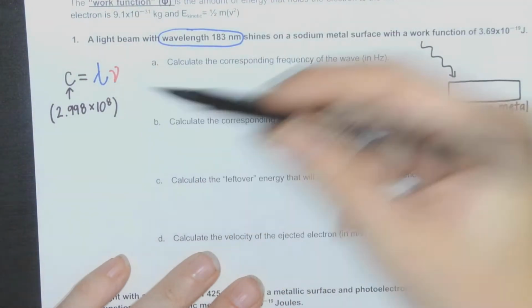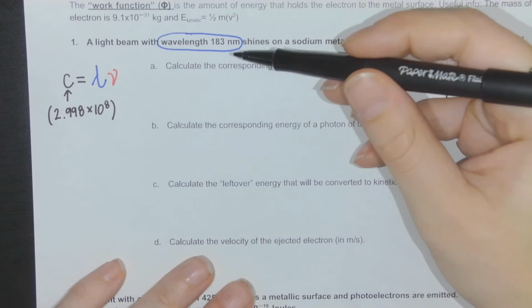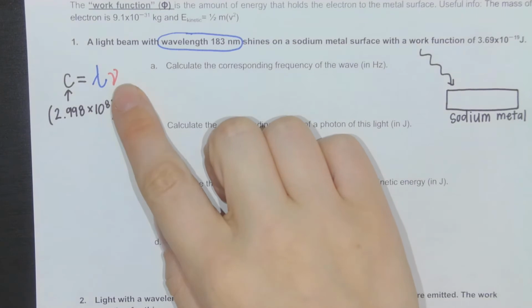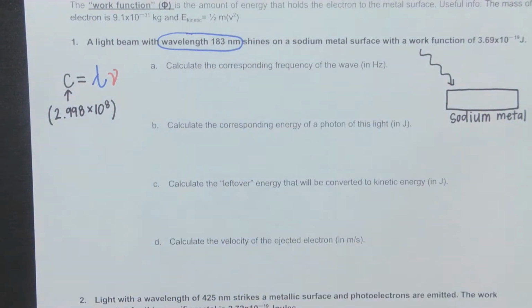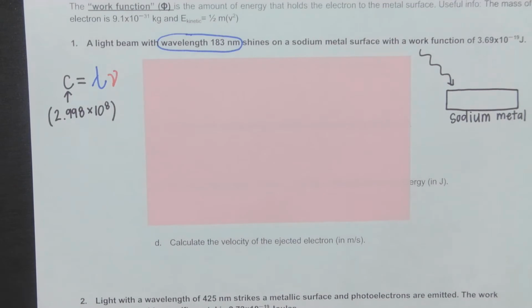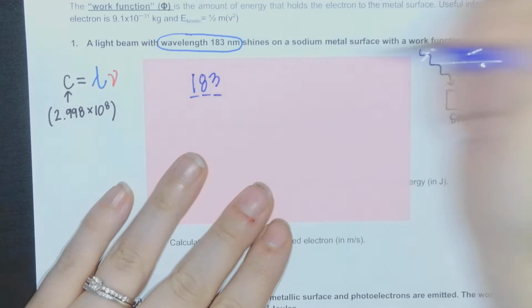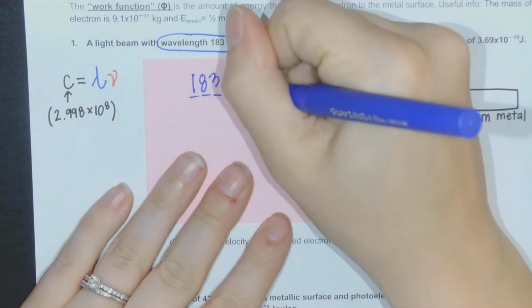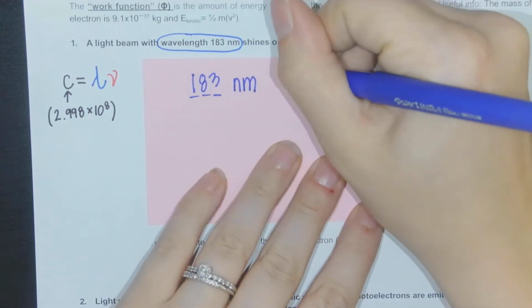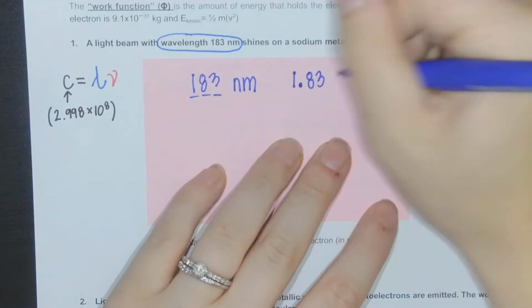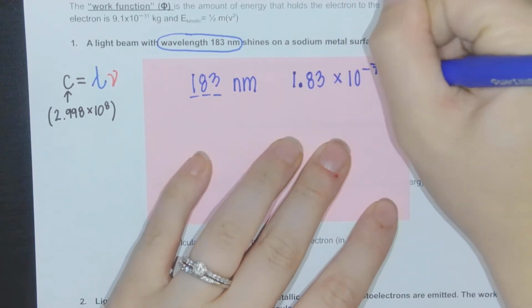The wavelength is 183, but I've got to make sure that I convert that wavelength because the formulas and equations can't do nanometers, they can only handle meters. So, if you remember my little trick, a 3-digit number in nanometers will convert into number point blah blah times 10 to the negative 7th meters.